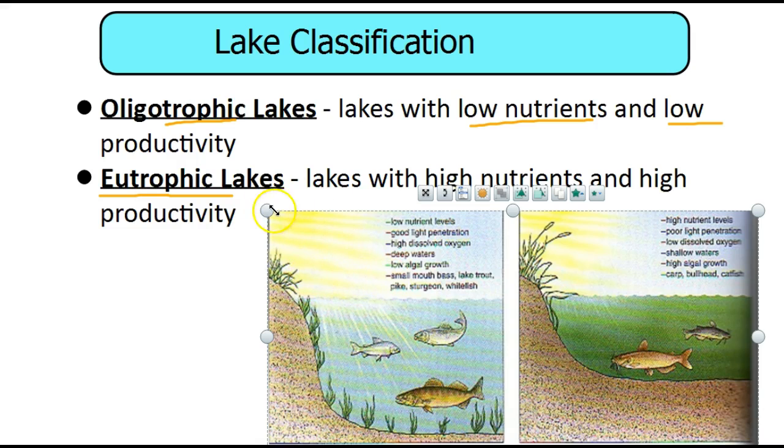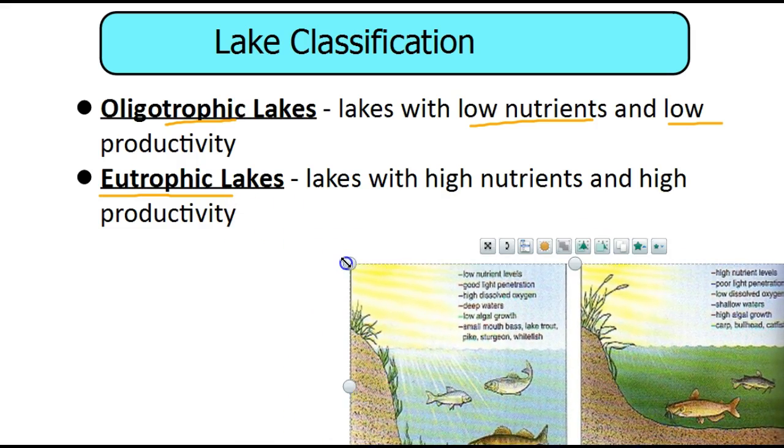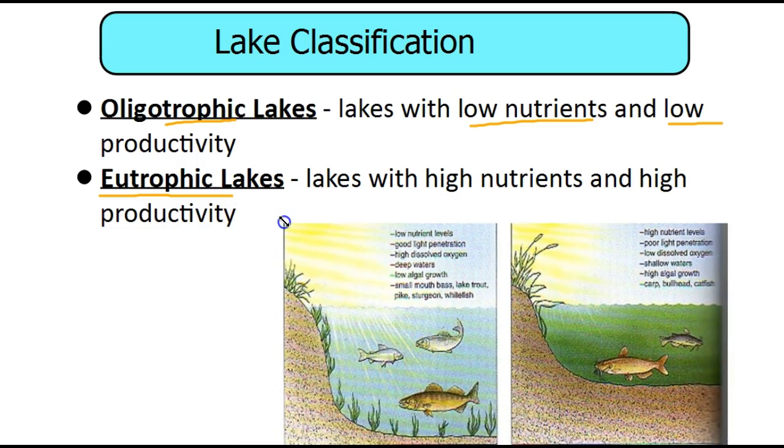This really grainy picture also says low nutrient levels, good light penetration, because there's not a lot of algae in here, and high dissolved oxygen. So they have low nutrients, low productivity.